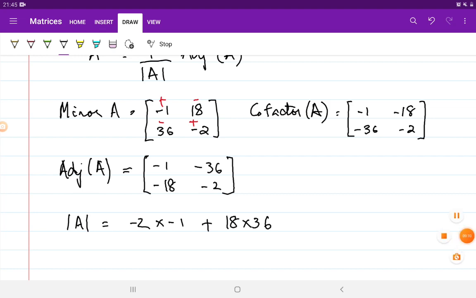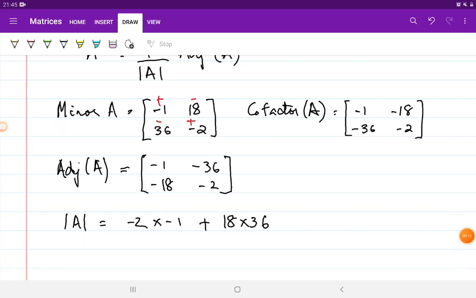Sorry, minus 2 into minus 1 minus 18 into 36, which will be equal to, the determinant is minus 646.